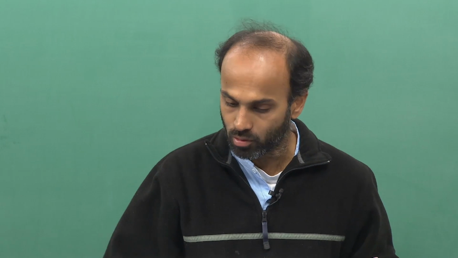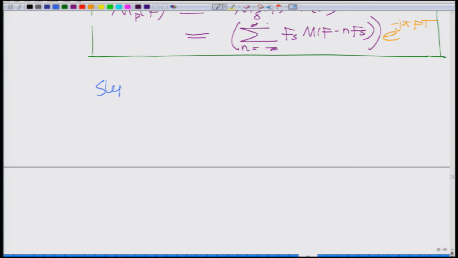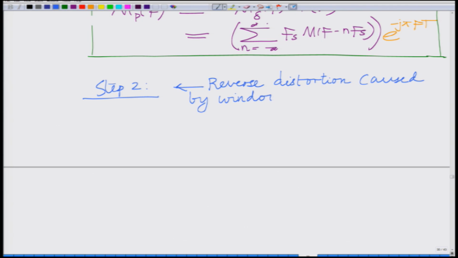So, in step 2 you have to, in that frequency band, reverse basically the distortion caused by windowing with the sync function.